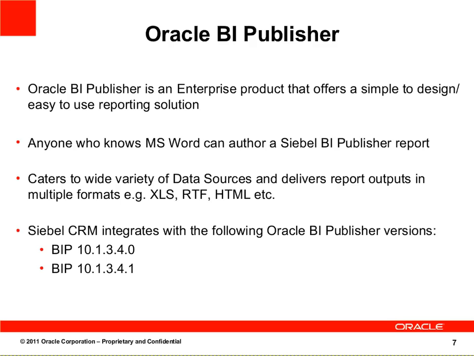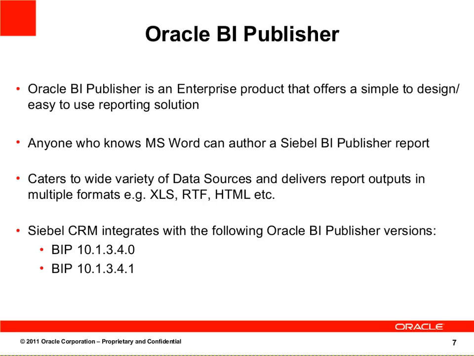Today we are going to talk about the Siebel part of it, the integration with Siebel. As it says, anyone who knows MS Word can author a simple Siebel BI Publisher report, because it's really a small plugin that gets added to your MS Word menu, and you can just use that right from there.